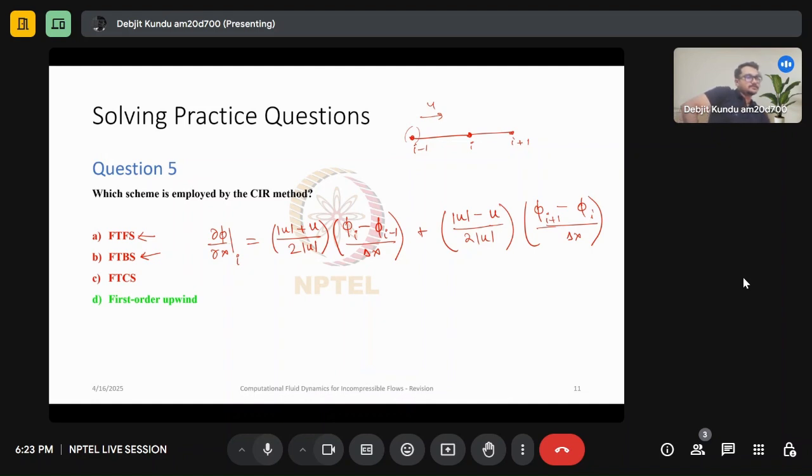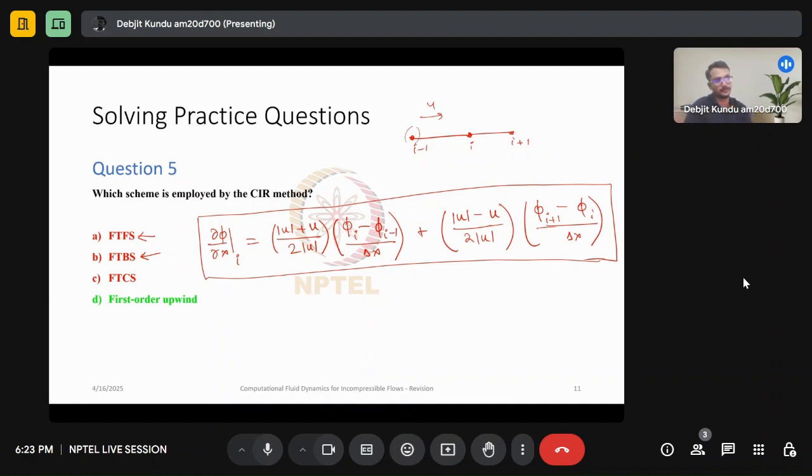So this gives us a neat little way of writing the derivative so that we can implement the first order upwind scheme no matter which direction u is blowing in.